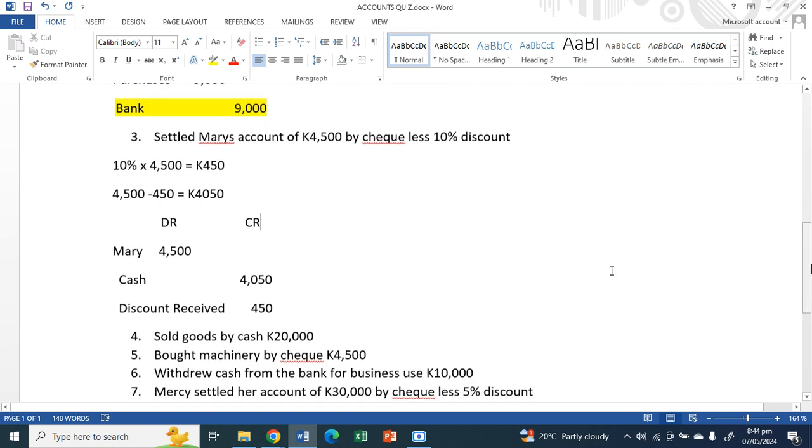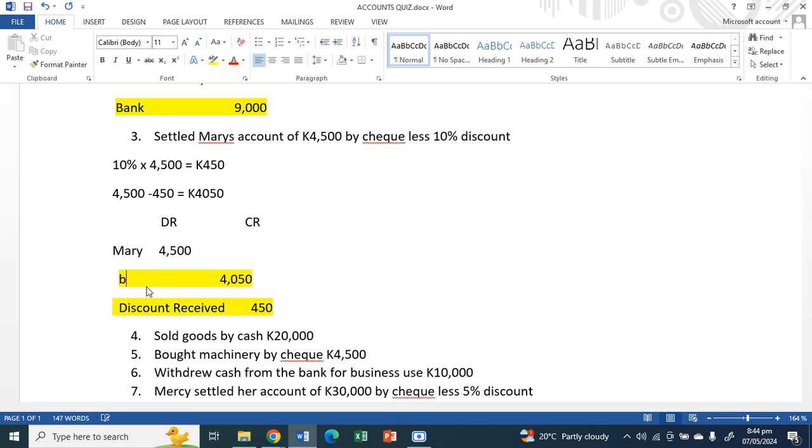Yes. So this is going to go in our three-column cash book here. Oh, it's bank, not cash. We're crediting bank.